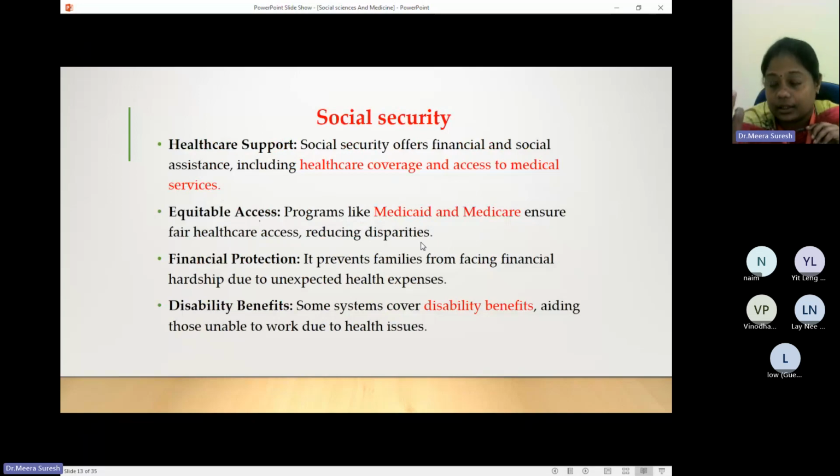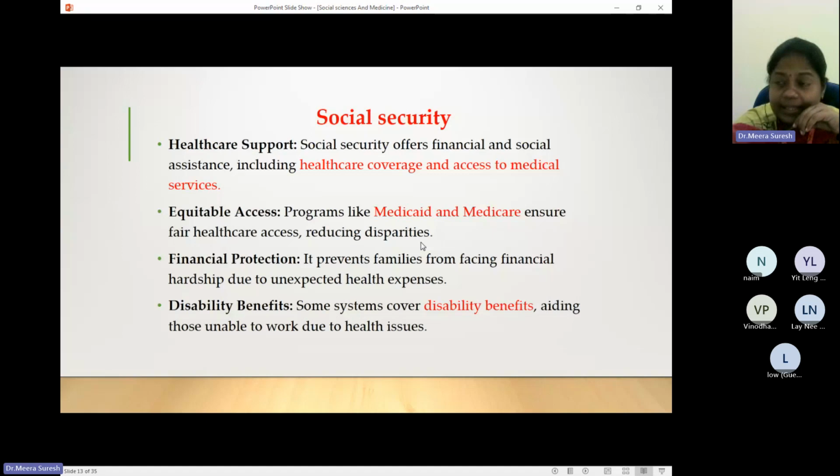But if I talk about India, there are government health insurance policies, which mainly help the people who are below the poverty line. If you go with a certificate of below poverty line, there is a minimum annual income, and if your annual income is less than that, you go to the related revenue officers, and they will give the health card.